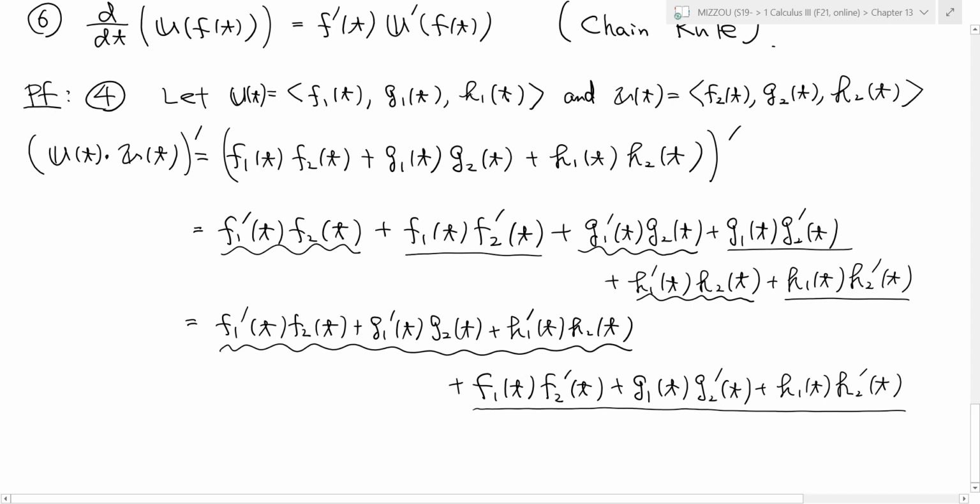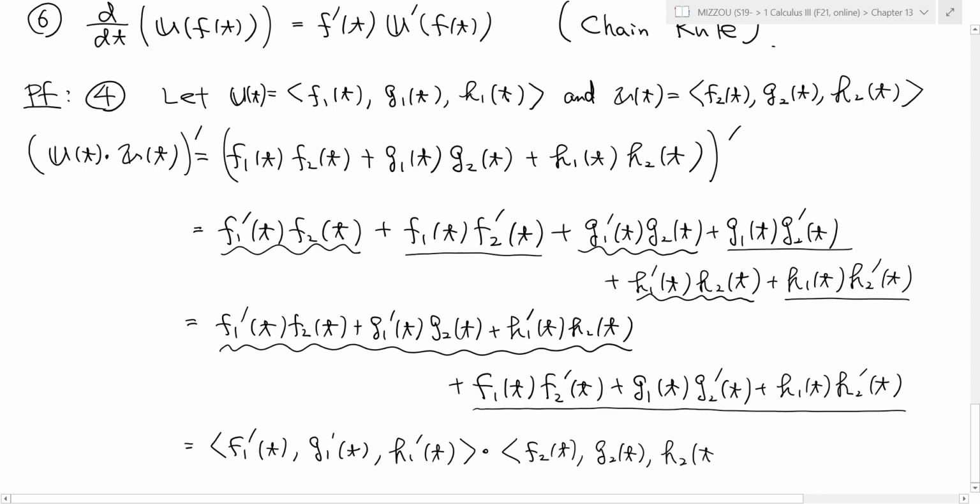And now if you look at each of those, you notice that the first is written as the vector f1 prime of t, g1 prime of t, and h1 prime of t dot f2(t), g2(t), and h2(t).